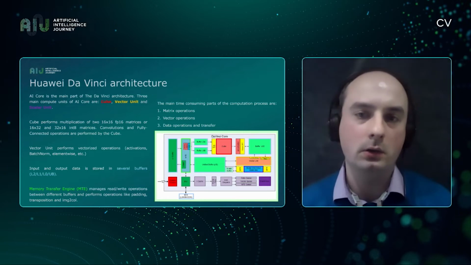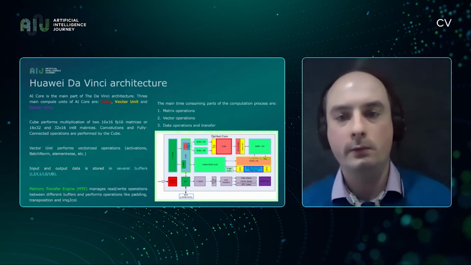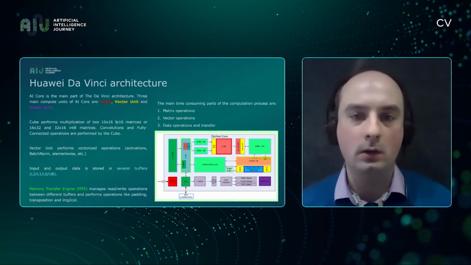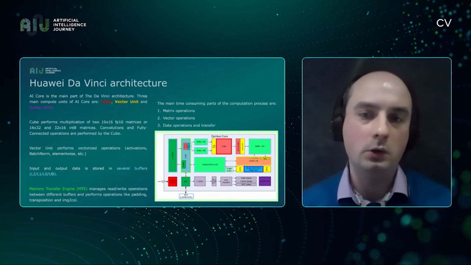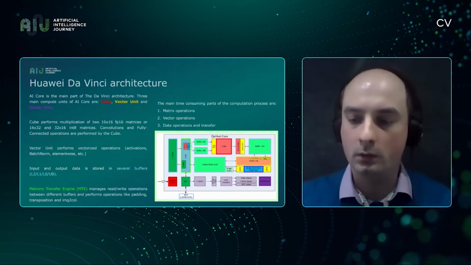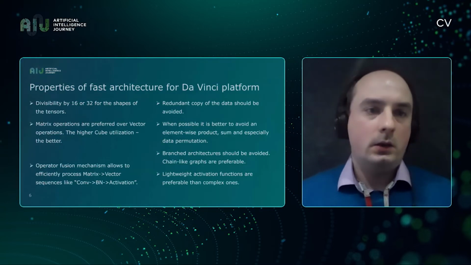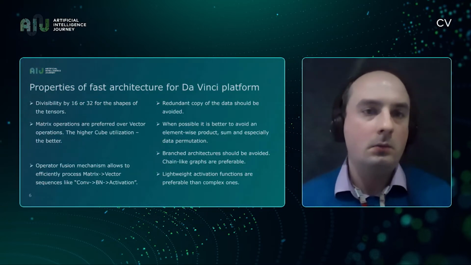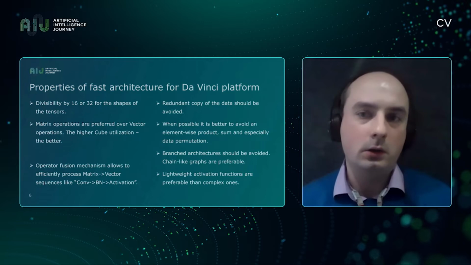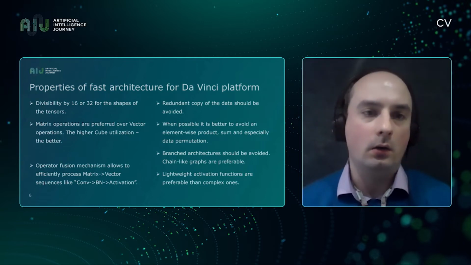There are three main operations: matrix operations, as I told you, vector operations, and another important component is operations with the data, their transfer, transformation and formats. It also contributes to this. Based on what I said, what properties should a fast architecture for the Da Vinci platform have?